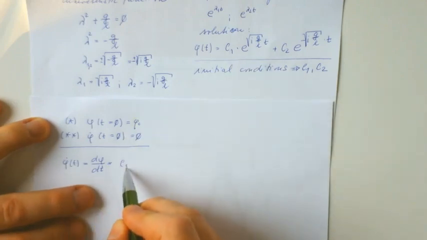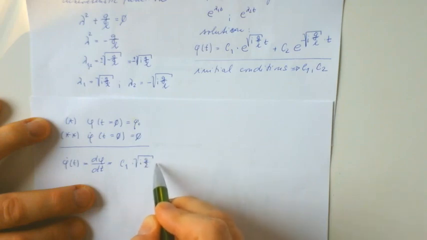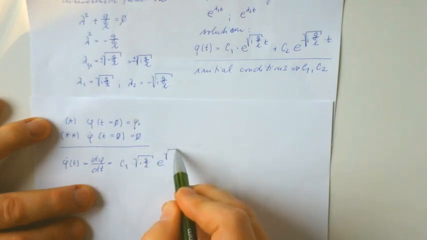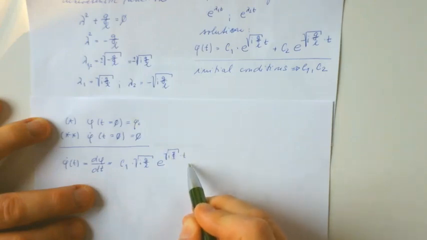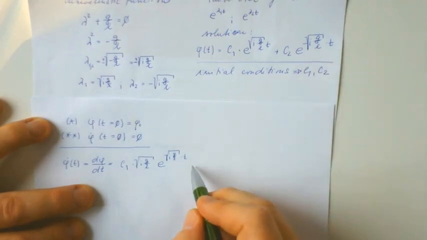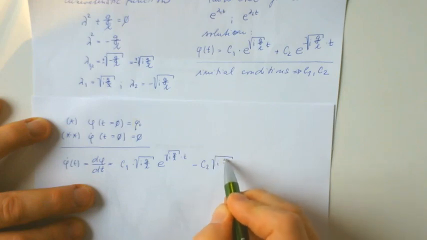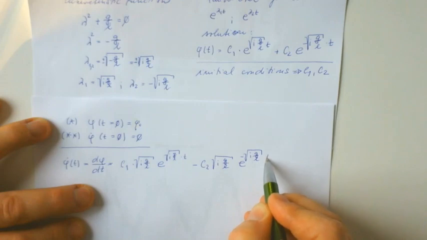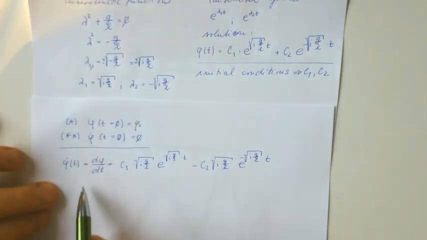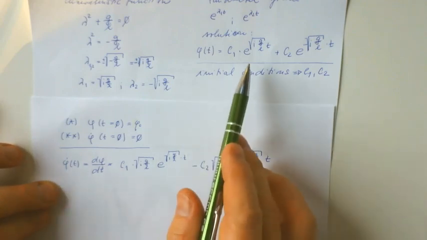So it is c1 times i square root of g over L e to the power of i square root of g over L t, minus c2 times i square root of g over L e to the power of minus i square root of g over L t.